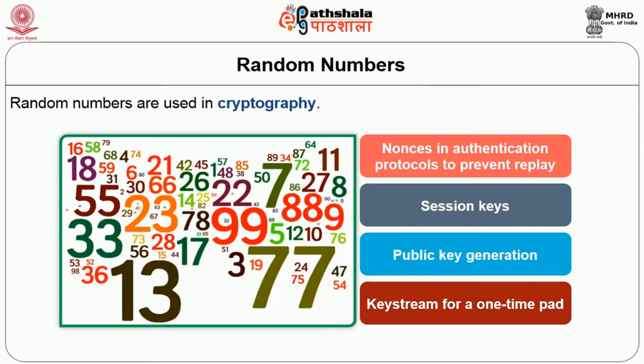The second use is random numbers as a session key. When we generate a session key, it's a random number. You all are using OTP as well, the one-time password. It is nothing but a randomly generated number that comes to your mobile or your laptop that you have to feed to certain websites to complete your transaction.